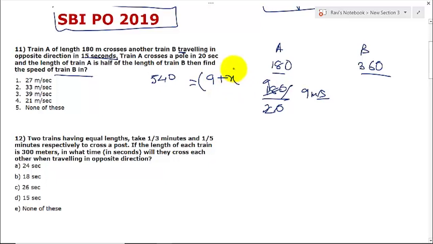Let us assume the required value is x, so (9 plus x) into the time, that is 15 seconds, equals 540. Simplifying, 540 divided by 15 is 36, so x value will be 27, so the answer would be 27.